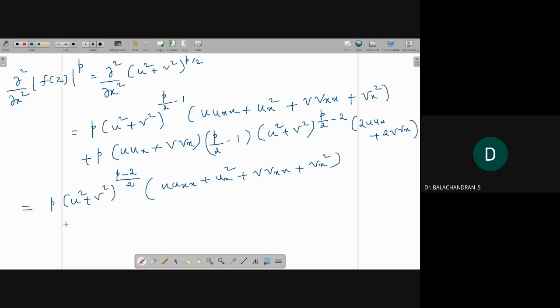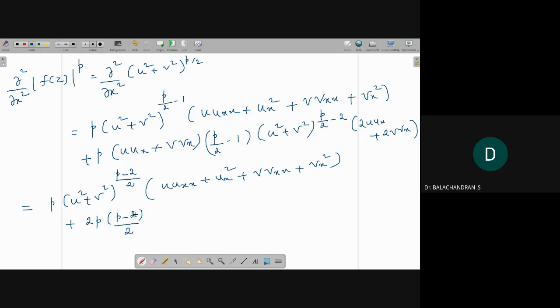Okay, plus here you have 2 is common, so that's why I took this 2 into p, and here what? P minus 2 divided by 2 into ux plus vvx. Here also ux plus vvx.